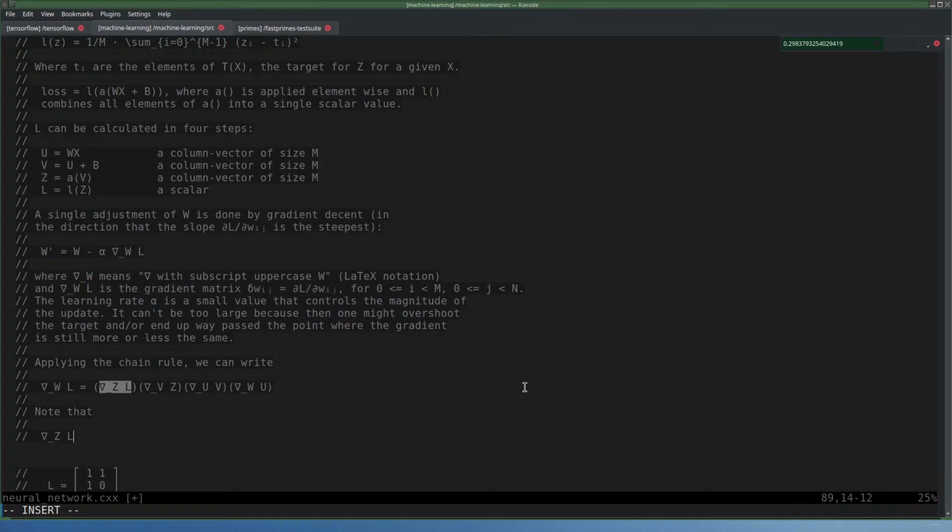So I should first write something about the notation. Notation. Let's write the elements of a gradient matrix tensor.